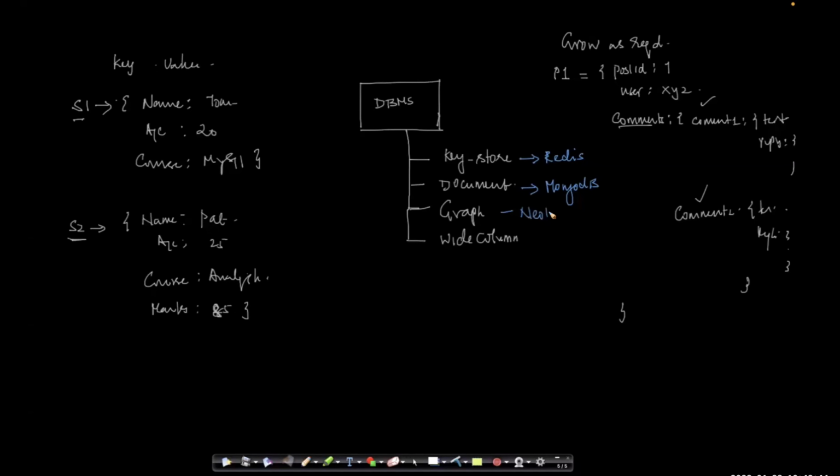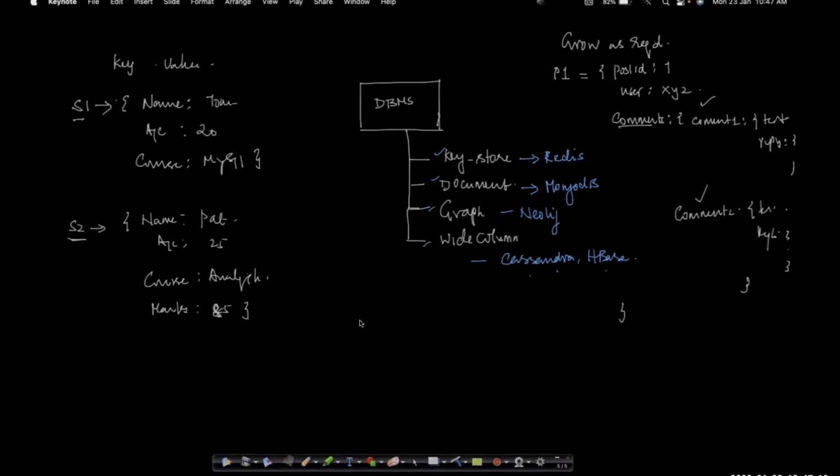Graph, you might have heard of something called Neo4j, right? Wide column, probably you have heard of Cassandra, HBase, right? So when you talk about Hadoop and all, you might have come across these terms. So these are all different database products which store and retrieve data in these formats. So these are your NoSQL databases, unstructured data, right? So dynamic storage, where the records will grow and shrink as required, right?